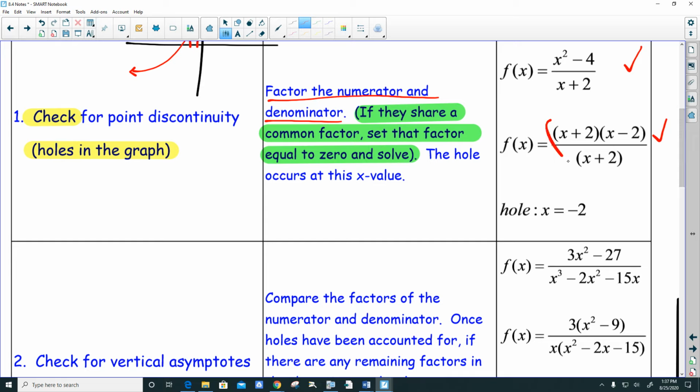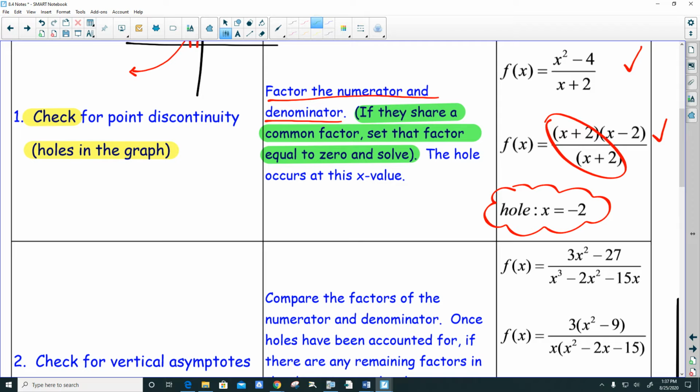I would encourage you to circle any common factors that you see. For example, there's an x plus 2 in the numerator and an x plus 2 in the denominator. That is telling us that this graph is going to contain a hole in it. So then you would set that factor equal to 0, and that would reveal that that particular graph contains a hole where x equals -2.